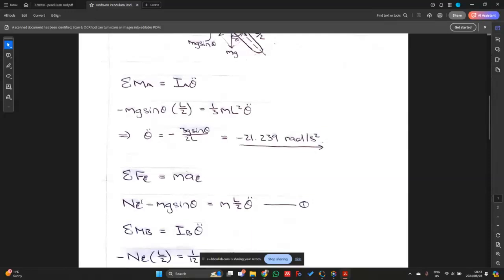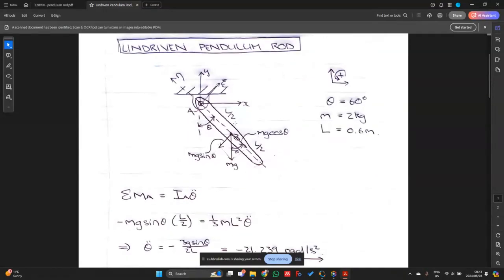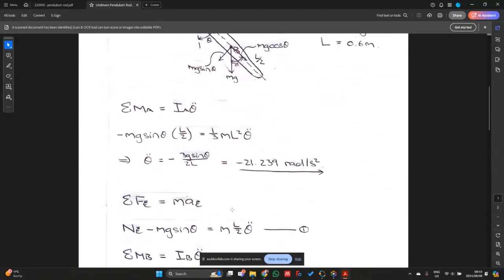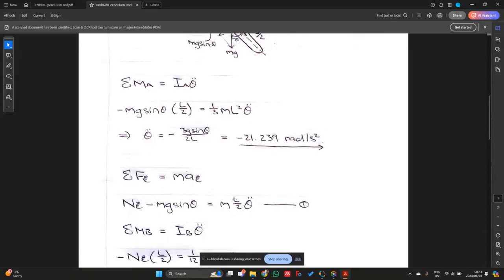And that is what I did over here. So this is the reaction force in xi, and I set that equal to ml over 2 theta double dot. This is based on the two components that you have for your acceleration. Since we're working with the xi direction, we're interested in the tangential acceleration, and the function for that is that the acceleration is simply equal to r times alpha. That's what we're applying over here, so r in this case is L over 2, and alpha is theta double dot.